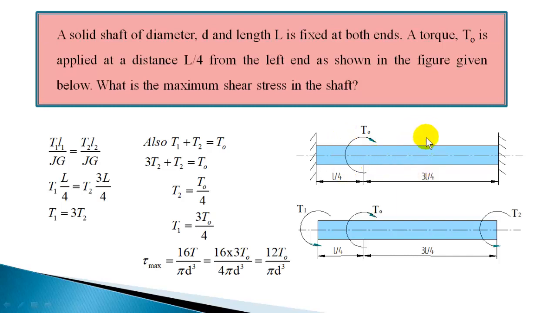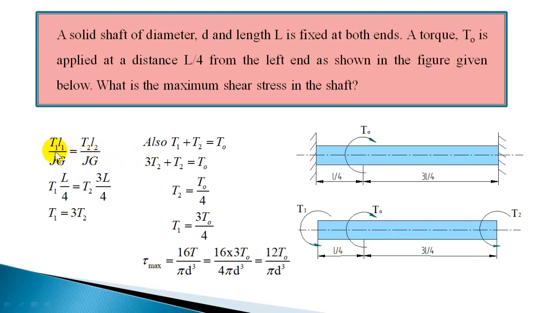If you consider this section with respect to the fixed end, it will undergo some twist, and that is also equal to the twist undergone by the other section with respect to its end. So the junction will undergo the same angular twist, whether you consider the left section or the right section. So you can equate the angular twists.